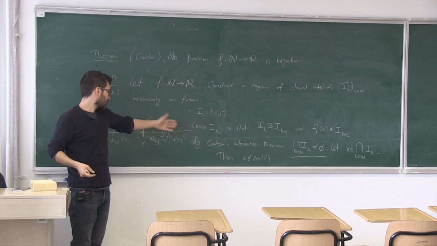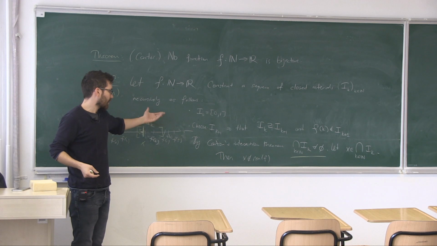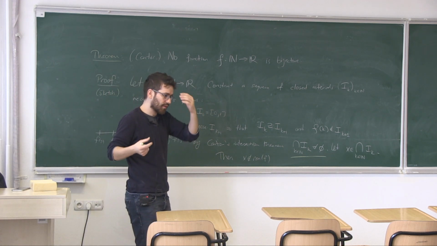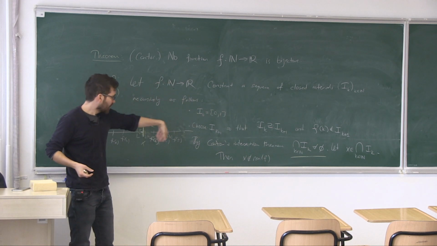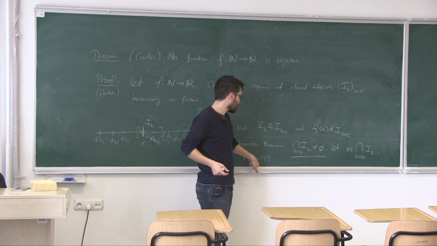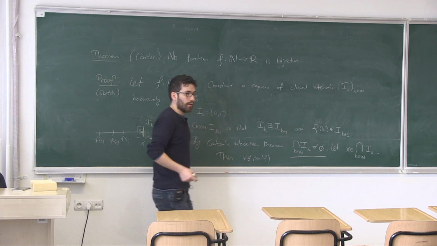For the specific case, I think you can prove this using completeness of the real numbers, that the real numbers form a complete metric space and so on. That's the topological part. So given that this is non-empty, you can find some number outside the range of f.